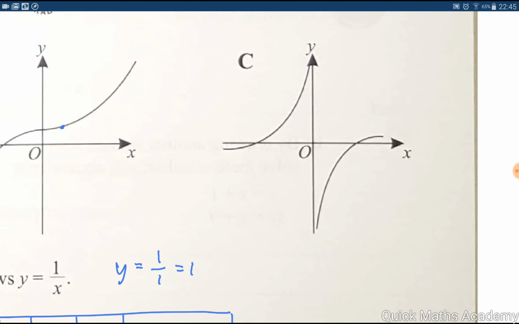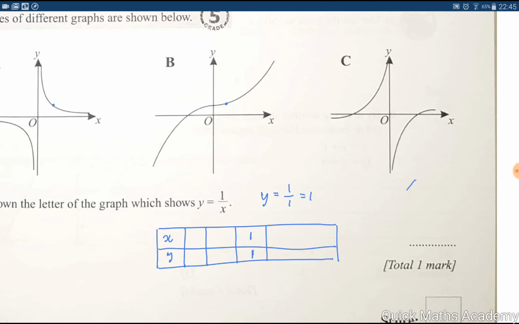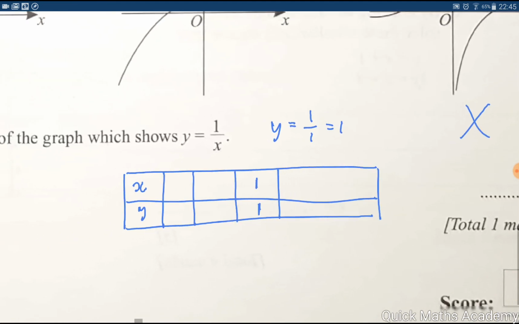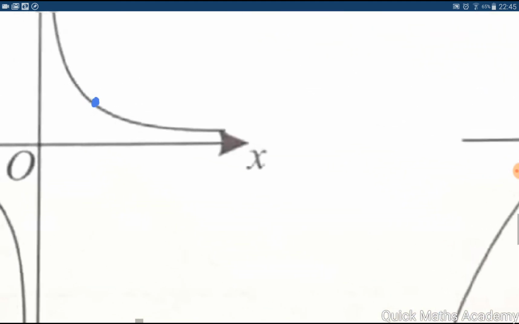So only with this value I can already discard the option C. Now let's move for some bigger x's and smaller x's. If my x is 2, what happens? Well, my y is 1 over 2, which is 0.5.